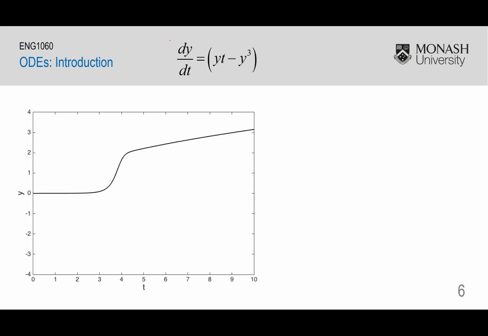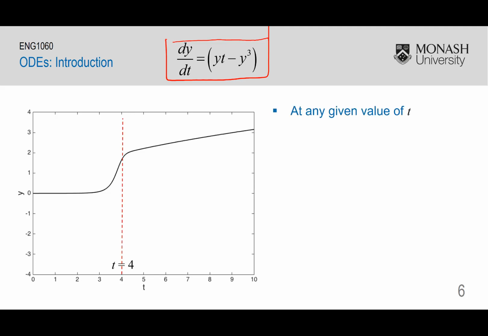Let's have a look at a specific example. dy/dt is equal to yt minus y cubed. If we imagine that our black line there is a solution to this equation, and in actual fact it is, what this equation is saying is that at any value of t, let's take the example that t is equal to 4, we're going to have a solution. And the solution is y, and in this particular example, y is equal to 1.72.